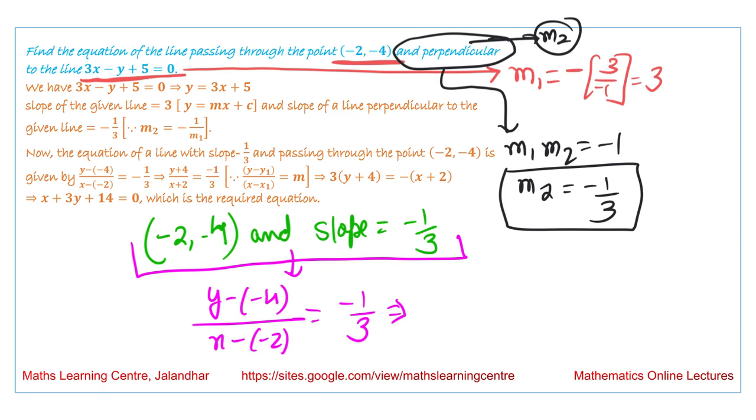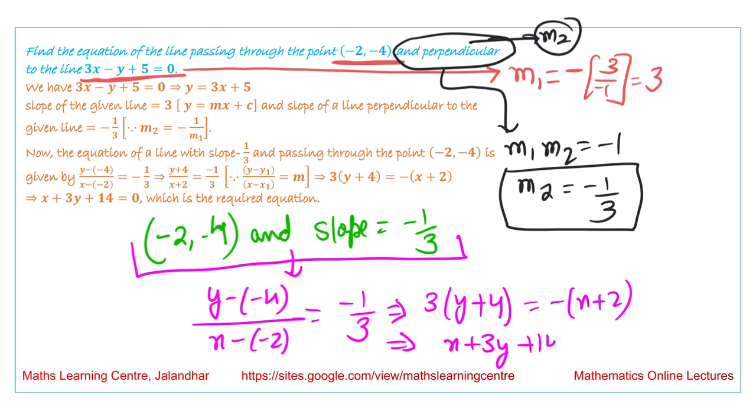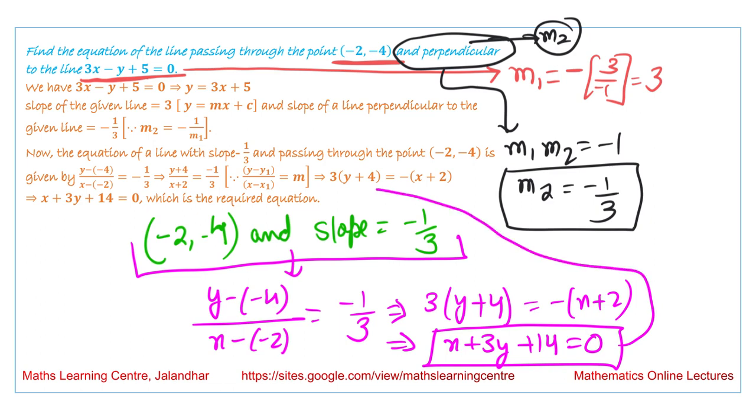This implies 3 into y plus 4 is equal to minus of x plus 2, and this implies x plus 3y plus 14 is equal to 0. So this is the required equation.